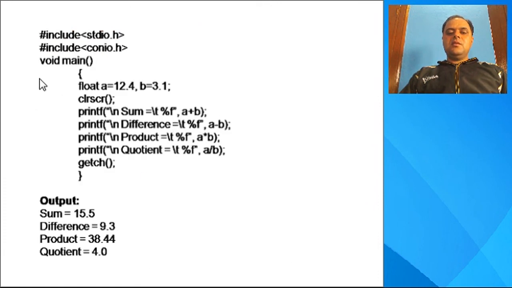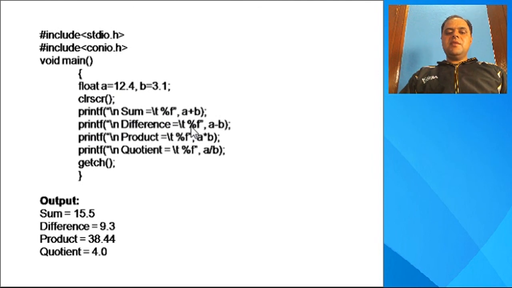I have discussed this example using a program. Again include the header file, as you already know. void main, float. Now I have taken the data type float, not integer. Float a, initialize variable a with 12.4 and b with 3.1. Then sum, here %f, because the format specifier of a float is %f.